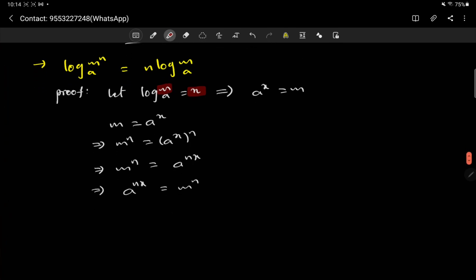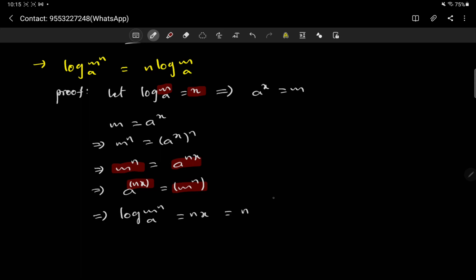Just I have taken this term left hand side and this one right hand side, that's it. So now applying log, these two numbers will interchange. So that we have log m power n base a is equal to nx.